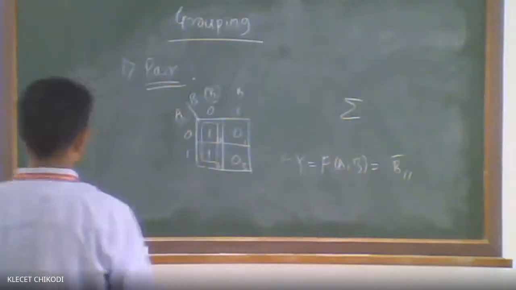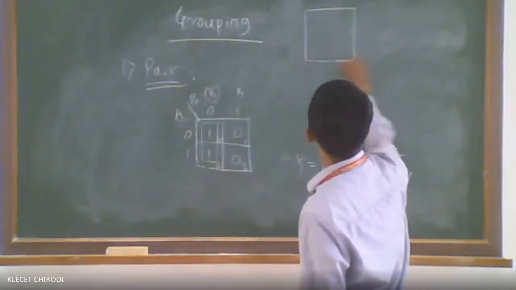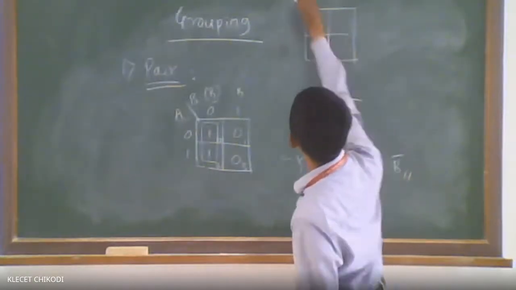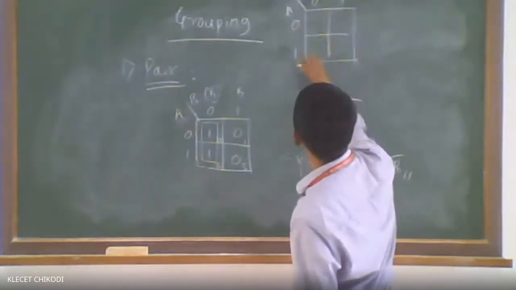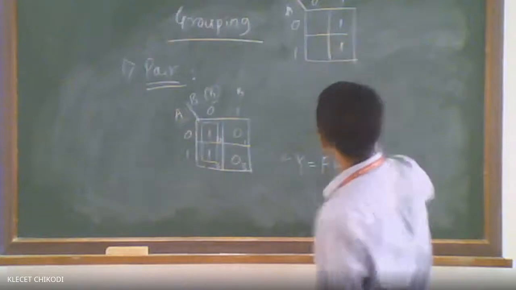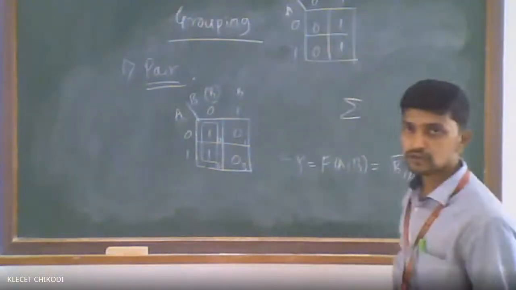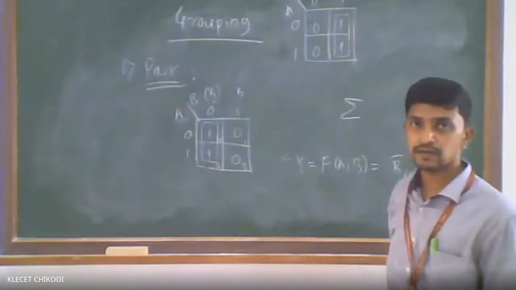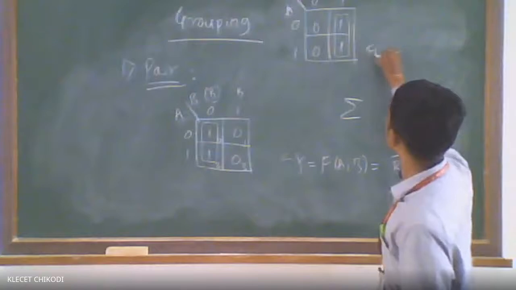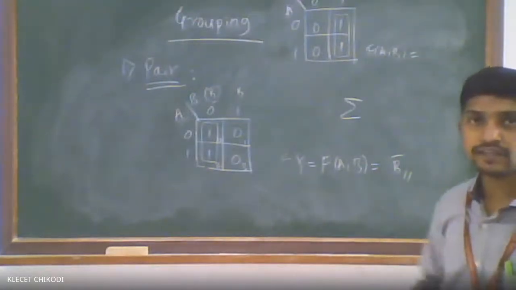Again, consider one more. If I have 1 1 here and 0 0 here, I have to make a pair like this. Now, what is the final simplified expression?